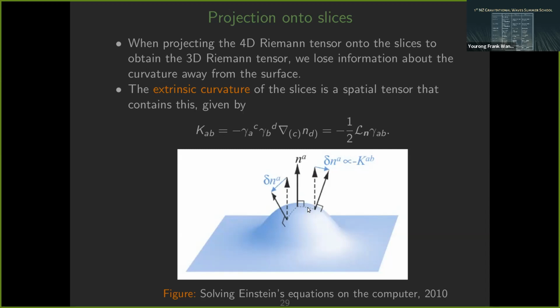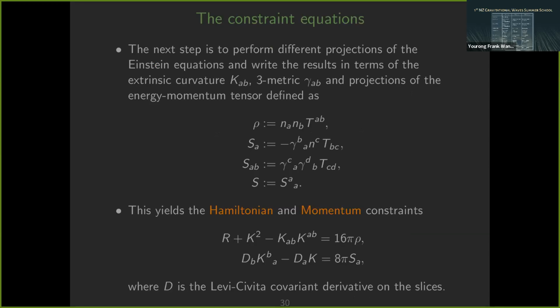If the surface is curved, then these normals are going to point not parallel, but away from each other or towards each other, depending on the type of curvature. The difference in the normals on the subsequent time slice is related to this extrinsic curvature. So this tells us how the 3-surface, this foliation, is embedded in the 4-dimensional space-time. All right, so I think we got to here yesterday.